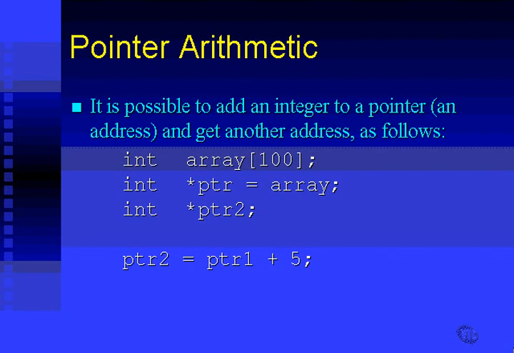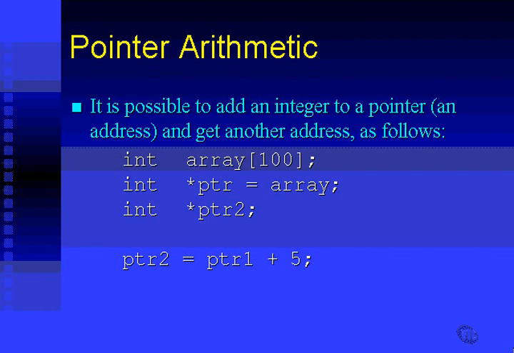Well, if you recall that PTR points to the very first address of the array, the very first element of the array. It's the address of the first element. So if the address of array was 1000, what would the address 1020 represent? Well, it would represent 5 integers further up the array.